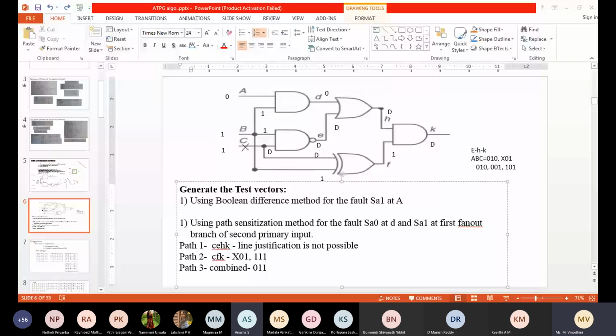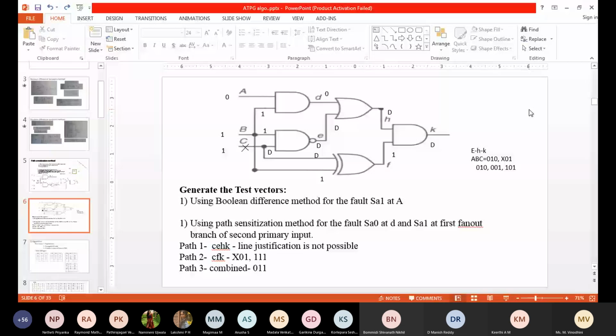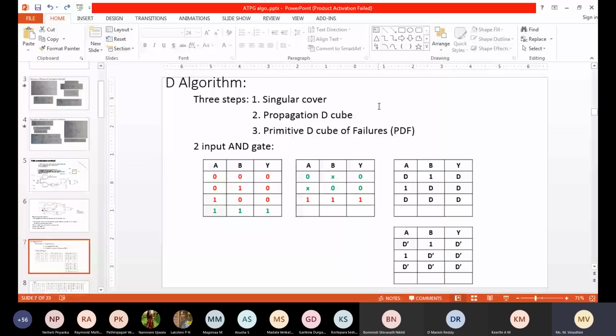No, ma'am. Okay. So now shall we move on to the algorithm, which we were discussing yesterday? Shall I go ahead, students? Yes, ma'am. So in D algorithm, there are 3 steps: singular cover, propagation D cube, and primitive D cube of failures.